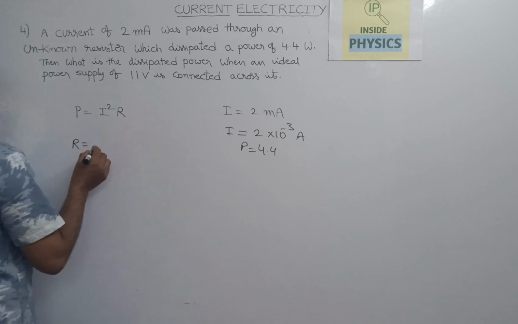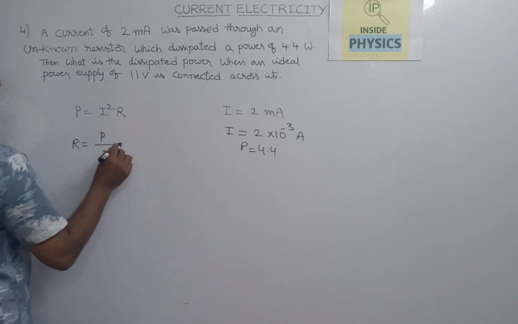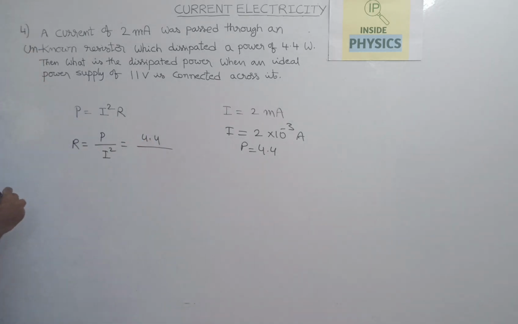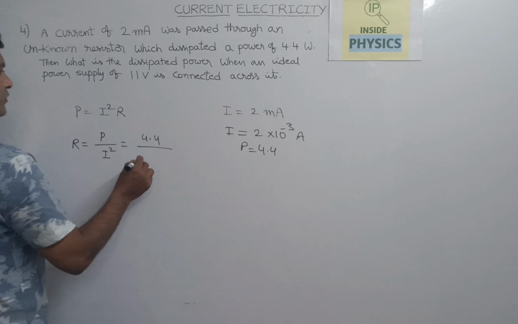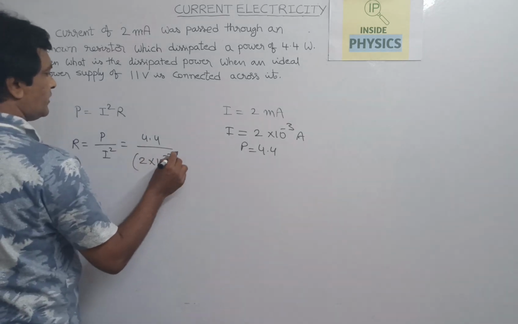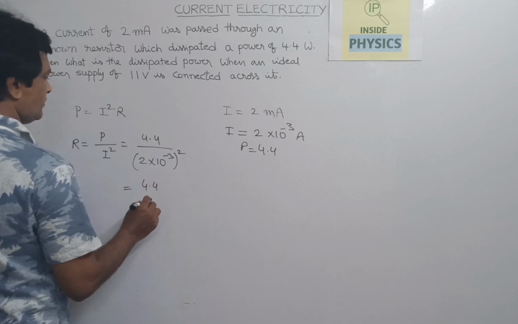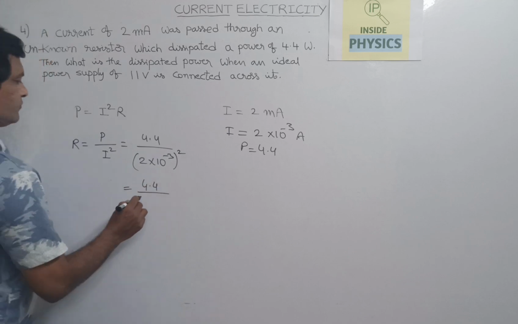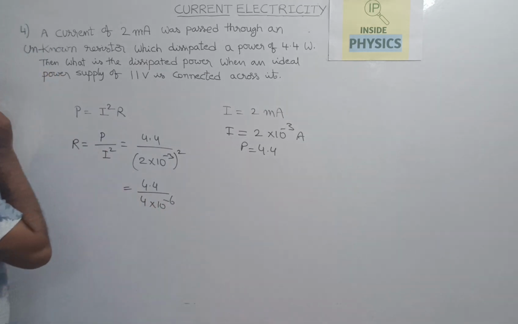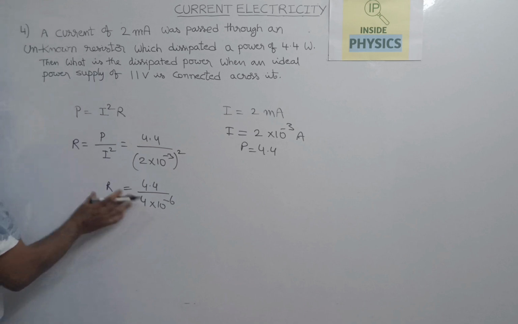Now R is equal to P by I square, that means 4.4 by (2 into 10 to the power of minus 3) whole square, that means 4.4 by 4 into 10 to the power of minus 6. This is the resistance. So we will keep this as it is.